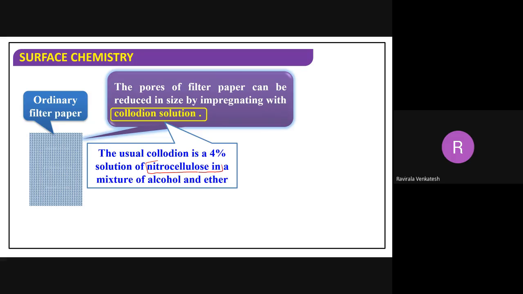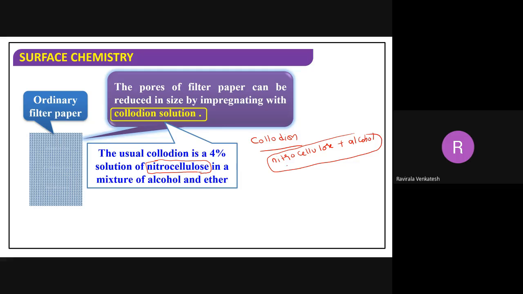In examinations they ask what collodion means. Collodion is a solution mixture of nitrocellulose plus alcohol. In place of alcohol, you can take ether also. This mixture is called collodion.